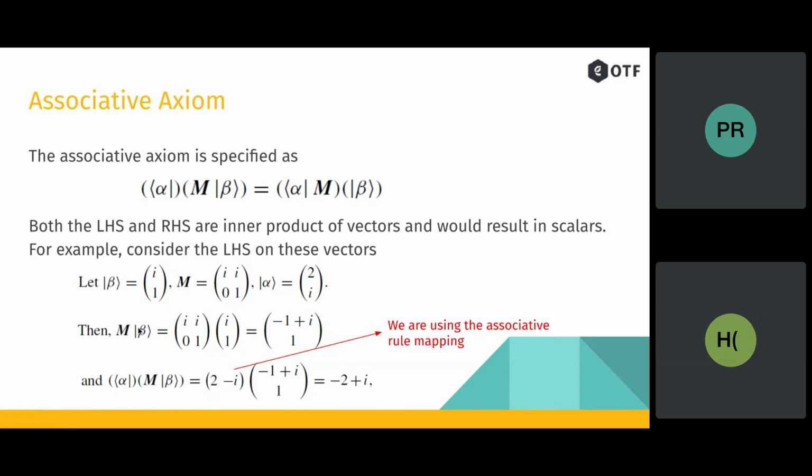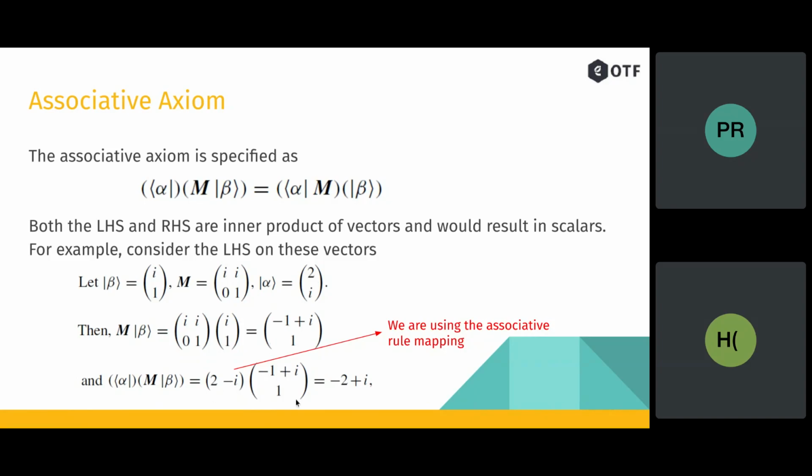Now if we take bra alpha, because alpha is this, bra alpha will be a row matrix. So 2I becomes 2 minus I, because you are flipping it 90 degrees anti-clockwise, or taking the transpose and then the complex conjugate. So 2 plus 2I becomes 2 minus I, a row vector.